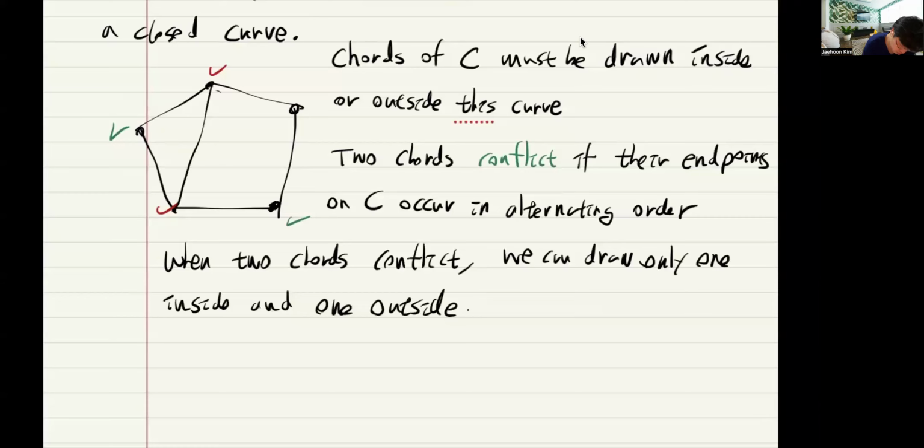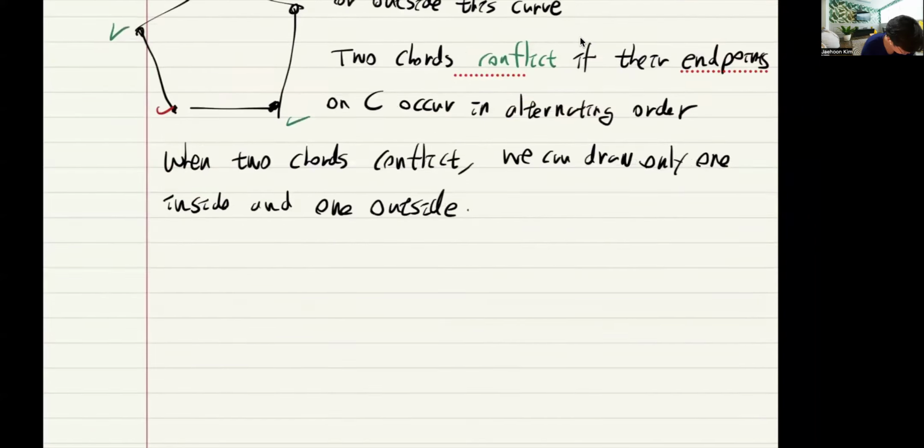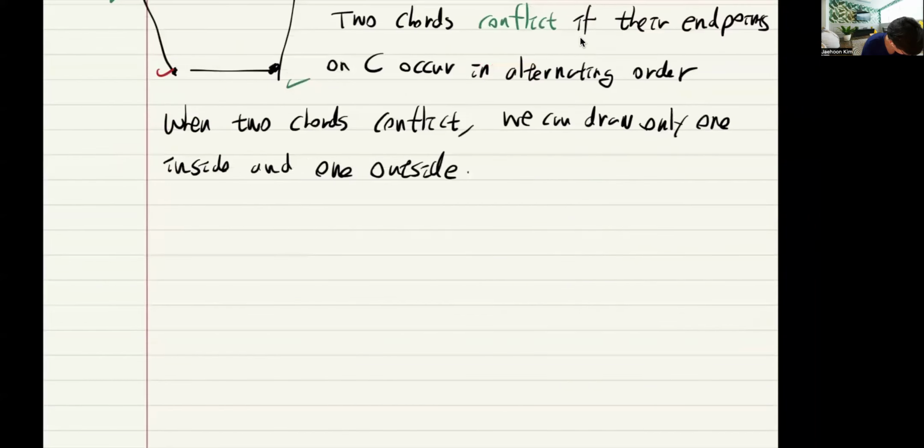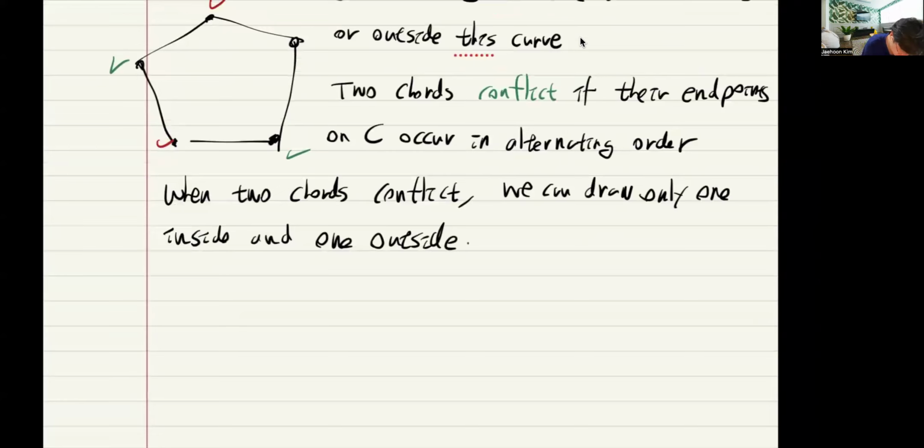If we draw one inside, then there is no way that you can draw the other one inside without crossing. So you have to draw it outside. Right? Then what? There are 5 chords.